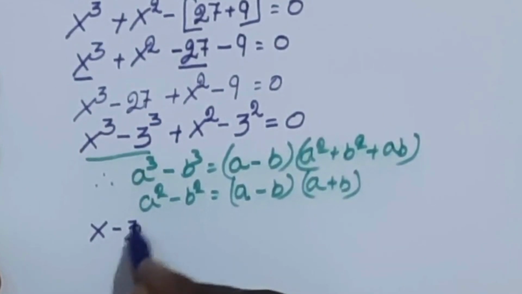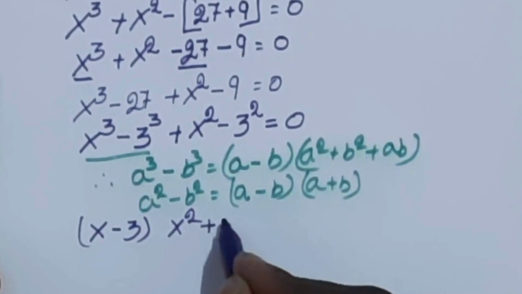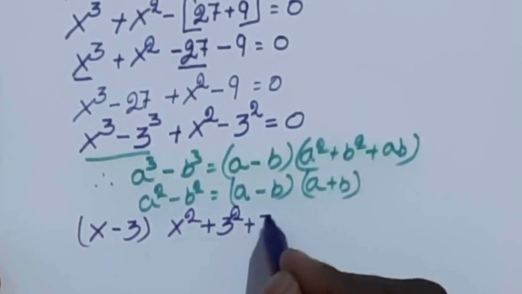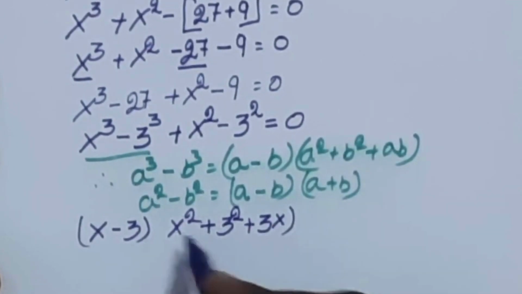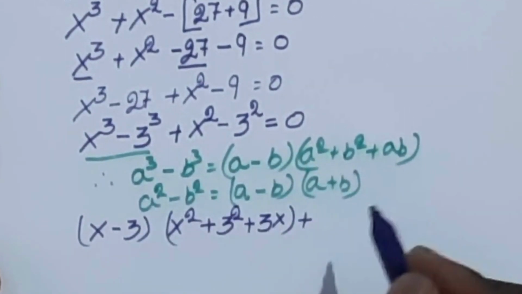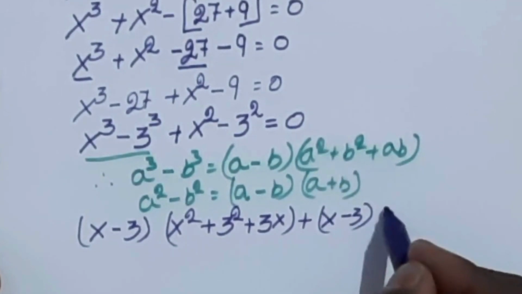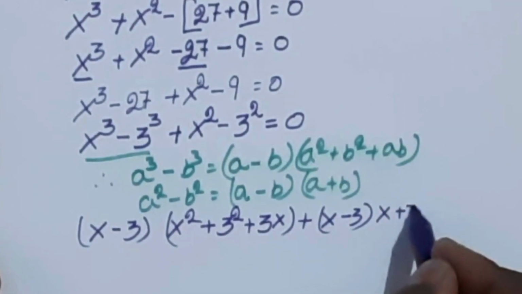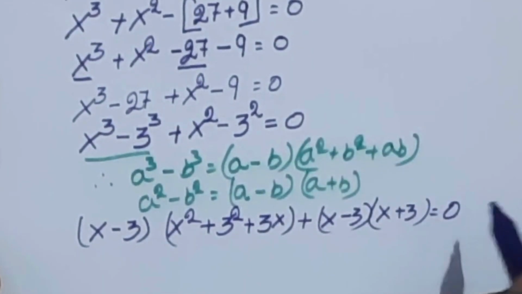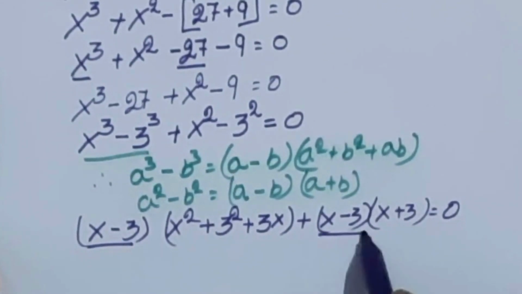So (x - 3)(x^2 + 3^2 + 3x) + (x - 3)(x + 3) = 0. Now we are able to see x - 3 here, x - 3.